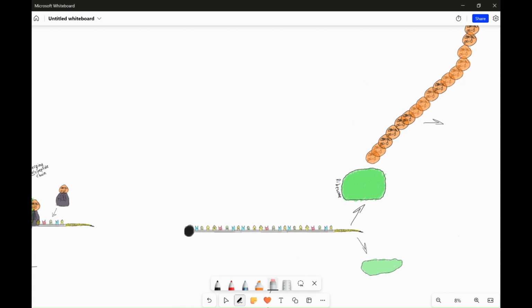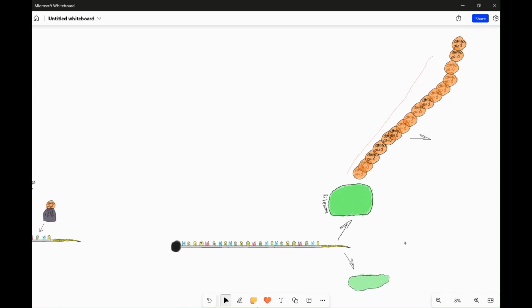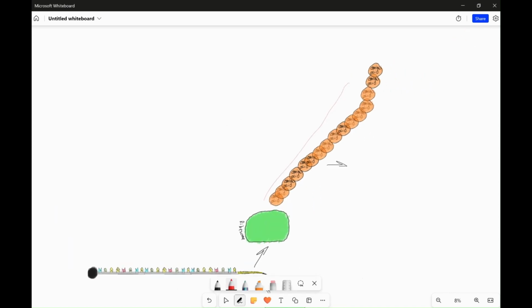Now the part we want to pay attention to is this polypeptide chain here. It's going to go over here, and we're going to see what it does.